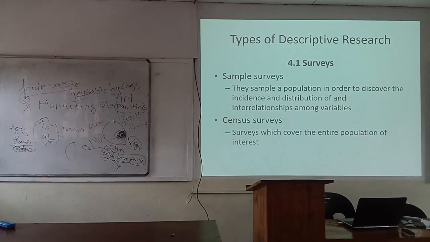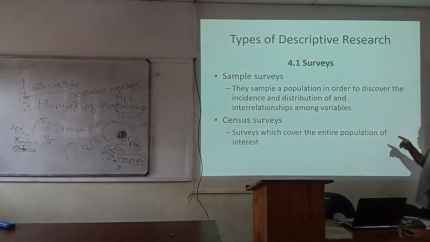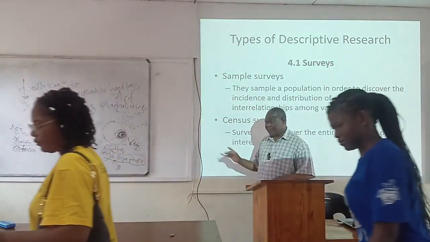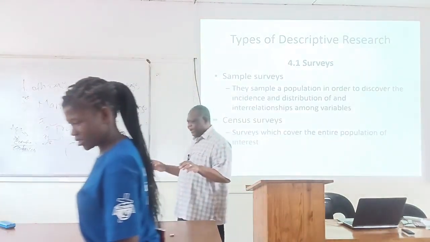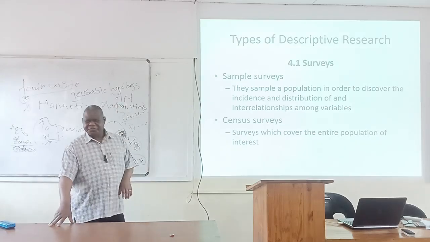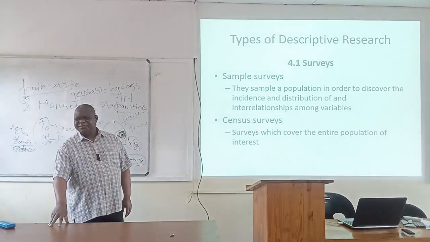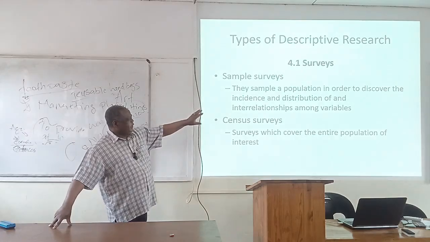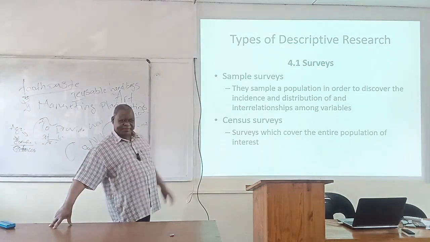The relationships. You will now be describing the sort of relationship of the variables. For example, we are looking at the distribution of cars.